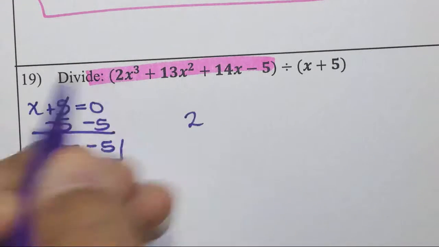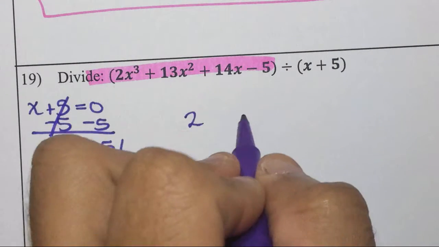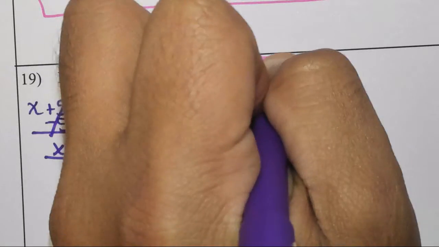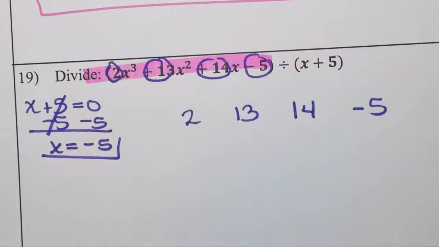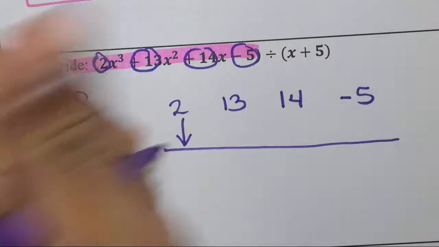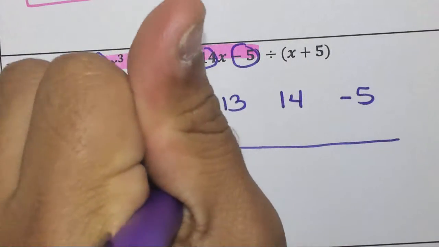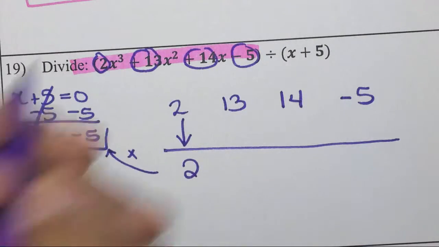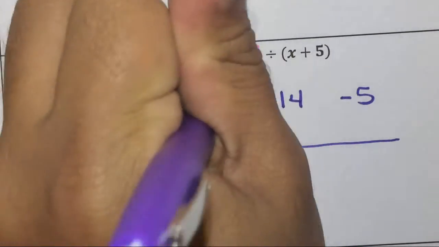So what you do is you line up the coefficients: 2, 13, 14, and a negative 5. Leave a little bit of space. Always drop down your first one. Multiply those two, so 2 times a negative 5 is a negative 10.